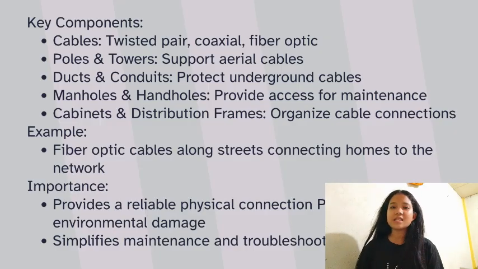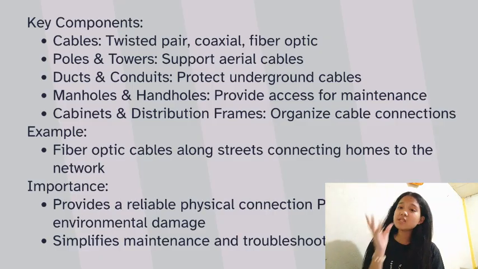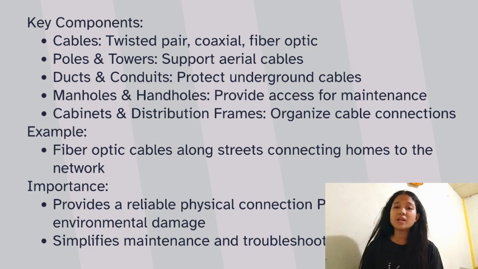Manholes and handholds are access points for workers to maintain cables. Cabinets and distribution frames organize and connect cables. Example, fiber optic cables running along streets connecting homes to the network. So the importance of this is it ensures a reliable physical connection. It protects cables from weather, accidents, or damage. It makes maintenance and repairs easier.